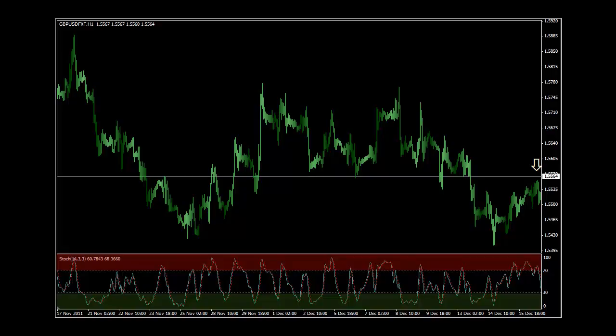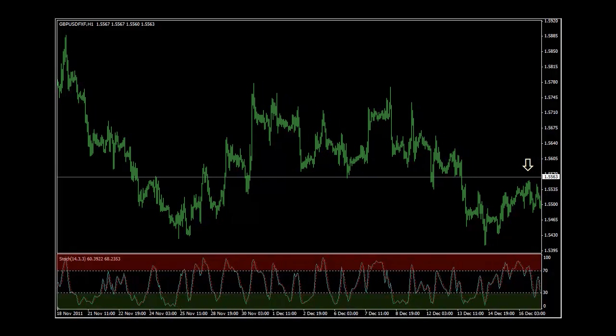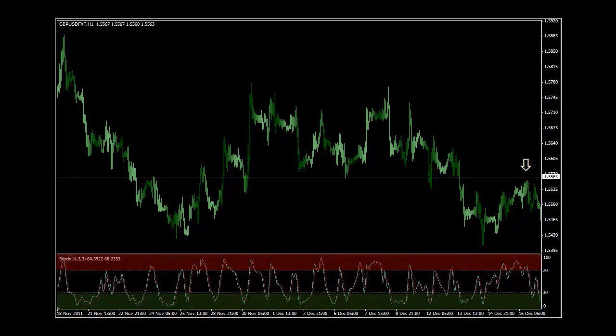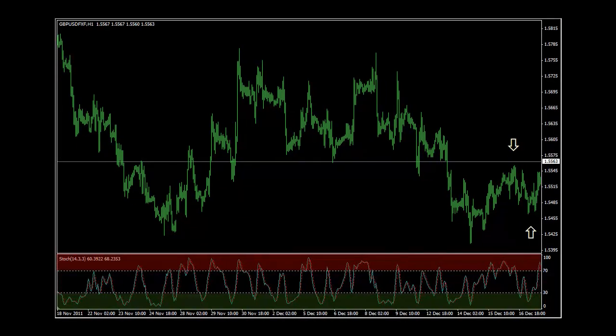And one would reasonably expect to see a drop down in price, and we're going to scroll through overbought, oversold readings as we go through. Okay, now we're oversold, so we would expect to see a bounce higher in price.